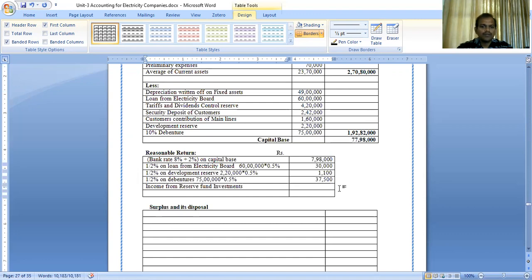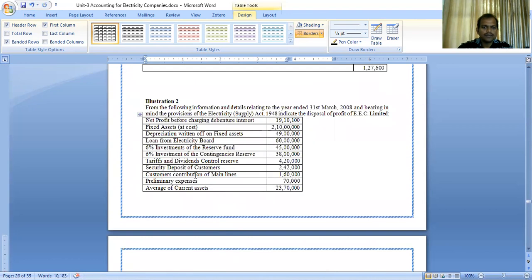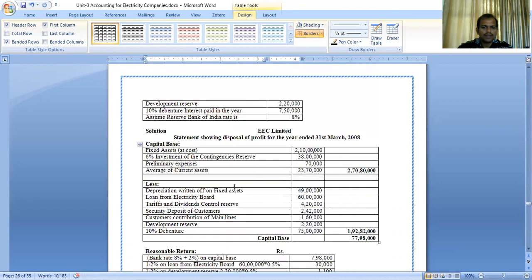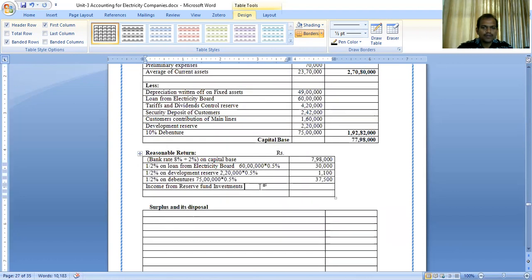Income from reserve fund investments. See, reserve fund investments 45 lakhs. Out of 45 lakhs, 6% interest we have to calculate. 45 into 6% comes around 2,70,000.